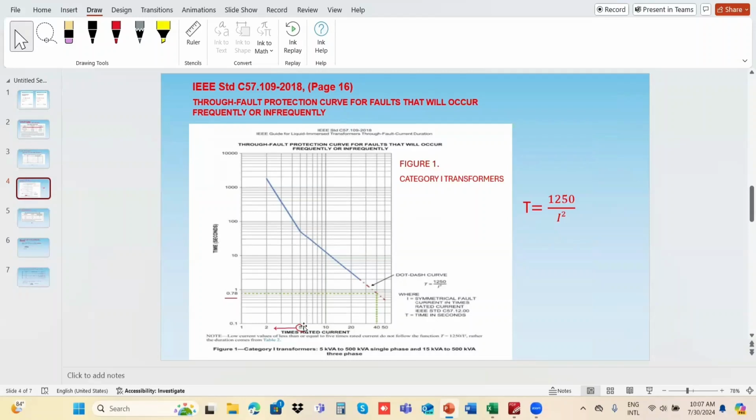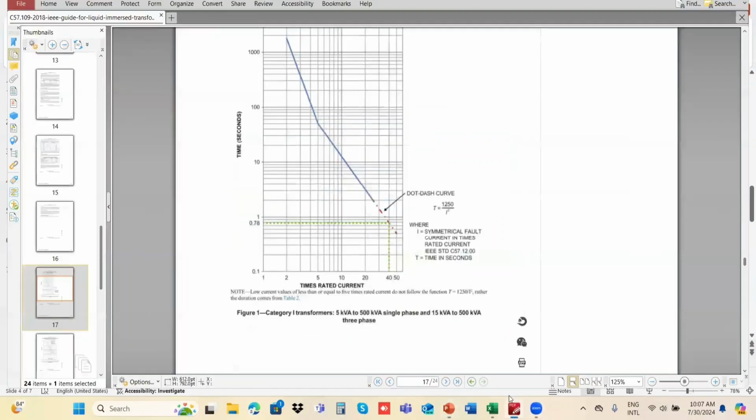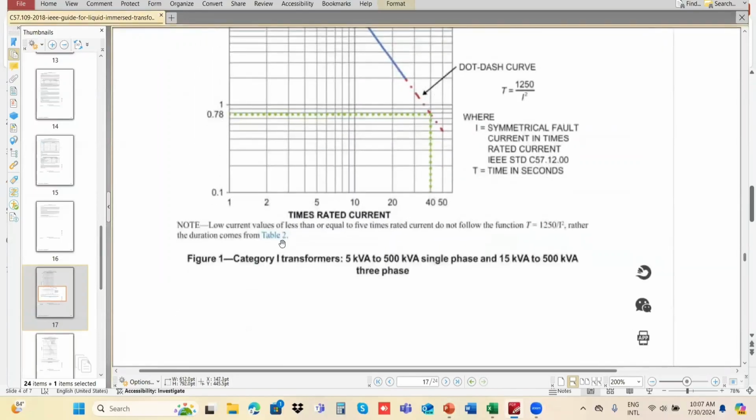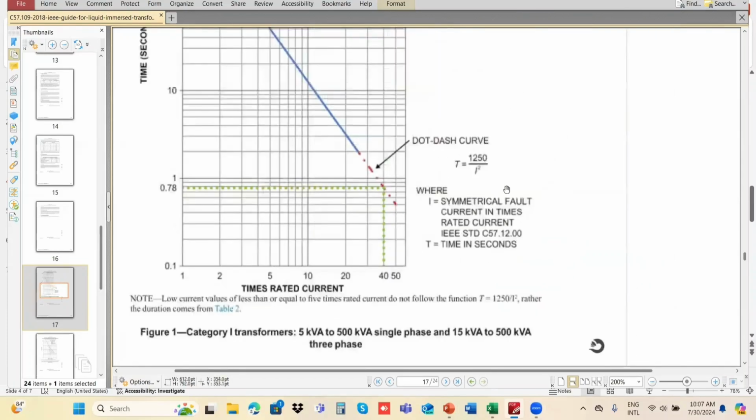Now, if you notice, there's a note here. I will show it much larger. The note says that low current values of less than or equal to 5 times the rated current do not follow the function of this T, which is equal to 1250 over I squared.